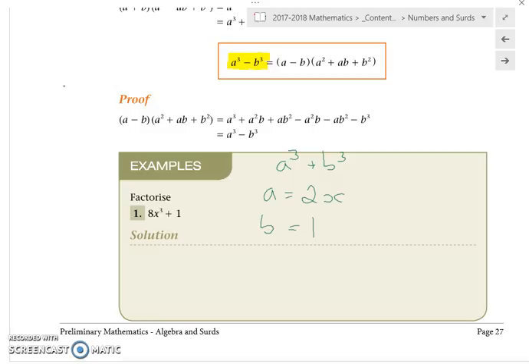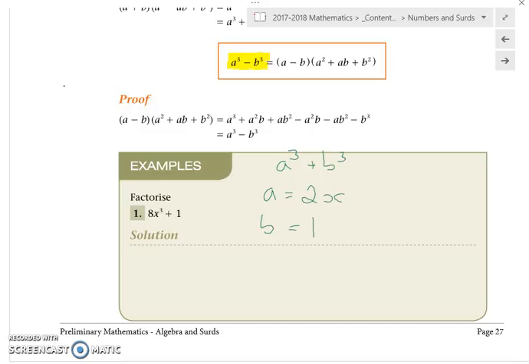You will find that you have factorisation up here on the first page, in the top right-hand corner, which has your difference of 2 squares, your sum of 2 cubes, and your difference of 2 cubes. So it's actually got it there. As long as you recognise that it is the sum of 2 cubes, and you're able to find the cube root of A cubed and cube root of B cubed, so you know what A and B are, then you can just use that form to do it.